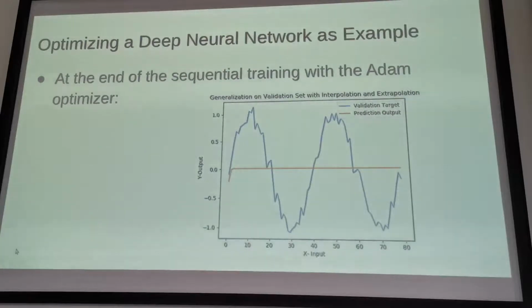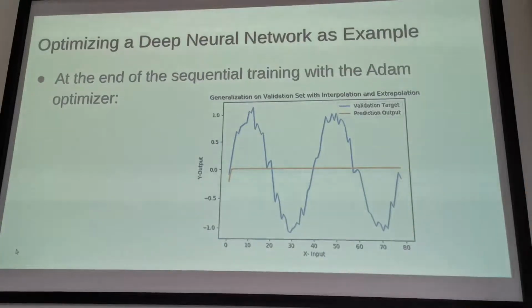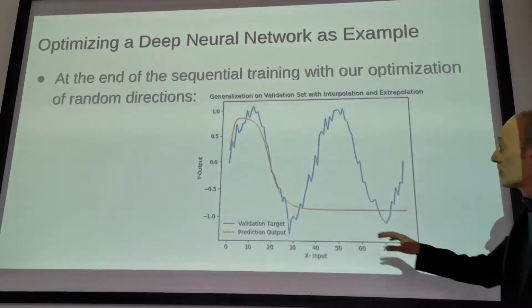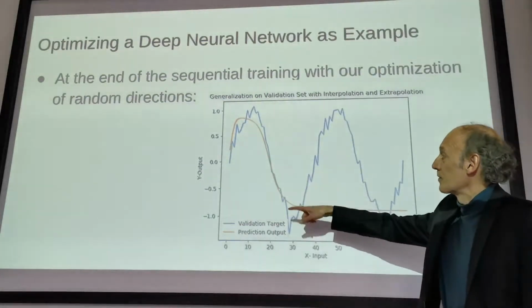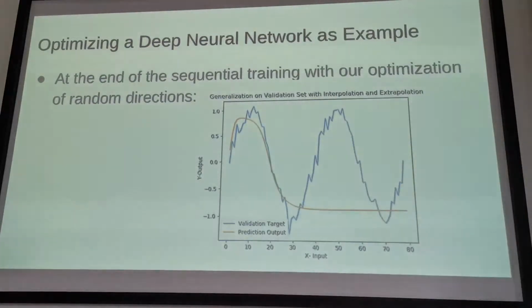So, right. This is what we got roughly after ADAM. Basically, it didn't learn much. And this is roughly what we got after our optimization of random directions. So it basically more or less learned this first period of our noisy sinusoid.